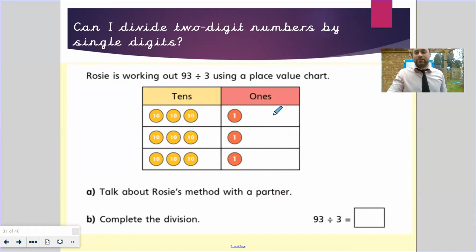So we have 31 in this group. And then we look in this group. We've got 10, 20, 30, and 1, 31. So 93 divided by 3 using a place value chart, we can see that the answer is 31.